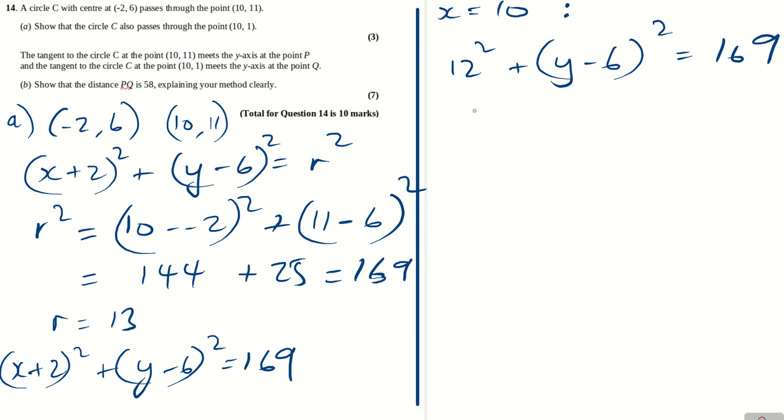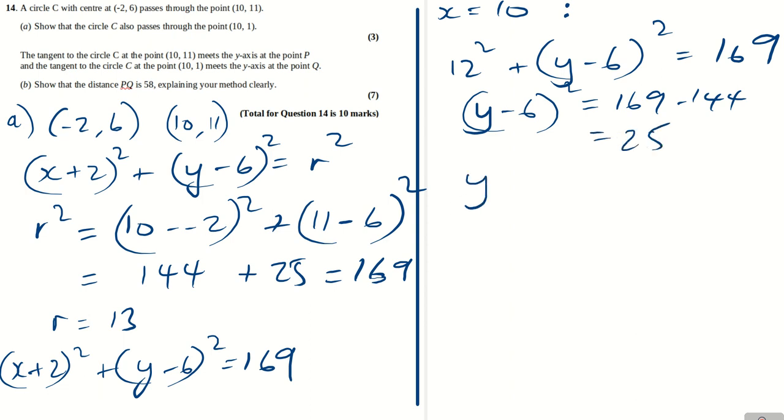So let's just see though, y minus 6 squared equals 169 minus 144, which is 25. So y minus 6 is plus or minus root 25, which is plus or minus 5.